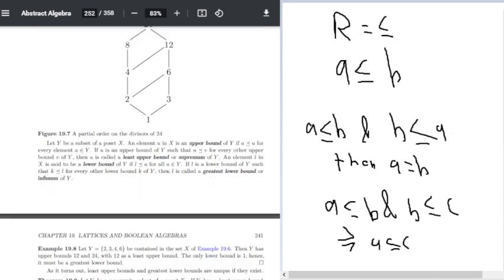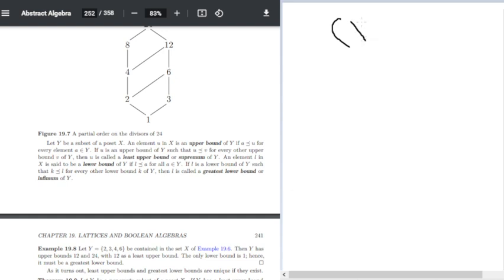Let Y be a subset of a poset X. Commonly, when we have a poset, we'll use this notation.